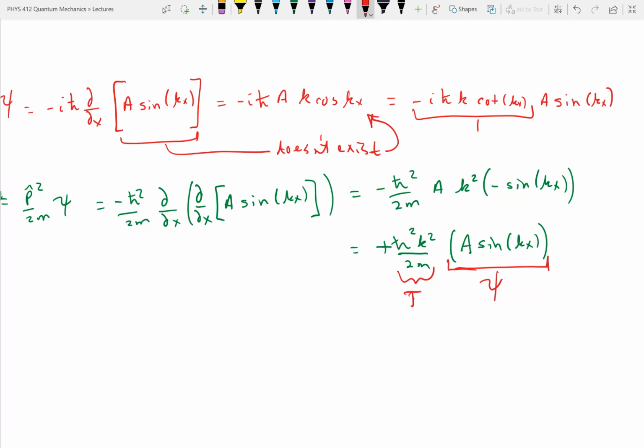Psi is a function of the kinetic energy operator. So even though psi was not a function of the momentum operator, it is of the kinetic energy operator. So I can simultaneously know the kinetic energy and the position, but I don't at the same time know what the momentum is.